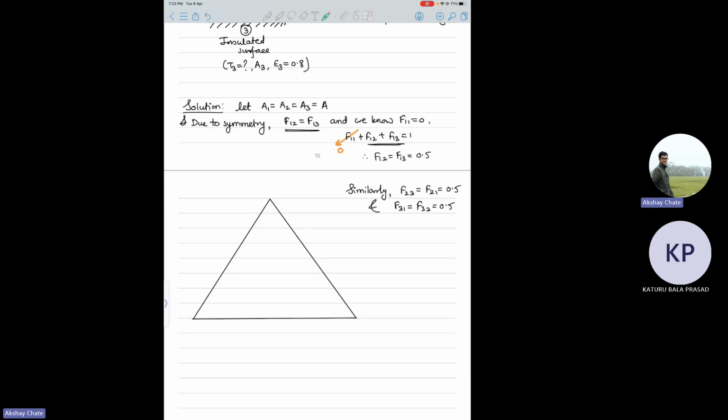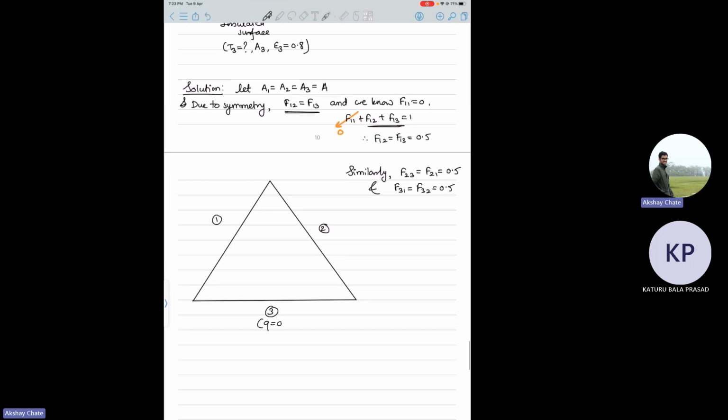Now this is your first surface, second surface and third surface, and for this one Q is 0. It's an insulated or re-radiating surface. Then you draw the surface resistances.